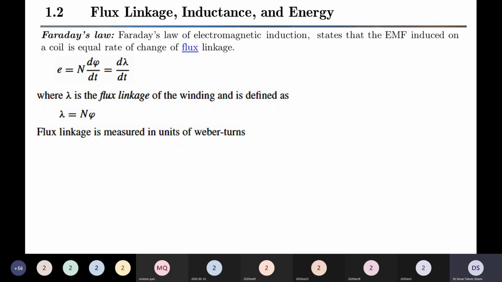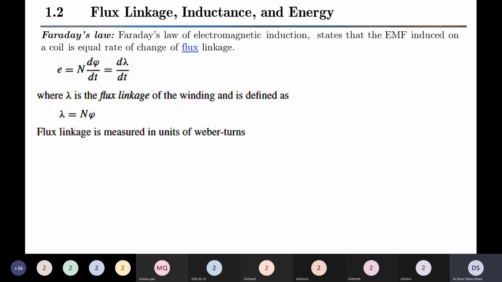Lambda means that a certain amount of flux, phi, links N amount of coils. That is the lambda.